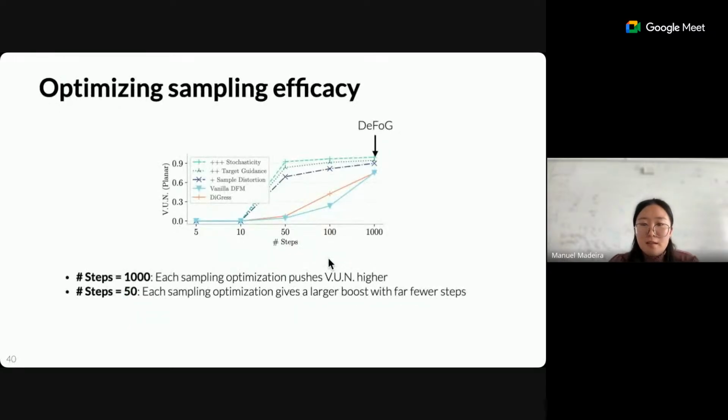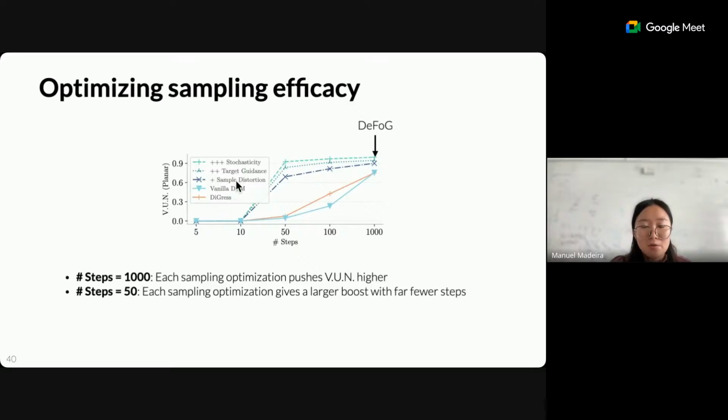So beyond numbers, we now want to show some qualitative impact of the proposed sampling and training optimization methods. First, we want to show that this method improves the sampling efficiency by far. We illustrate this efficiency gain with this figure. We have the same observation as before: a vanilla DFM does not work better than diffusion models such as DiGress out of the box.